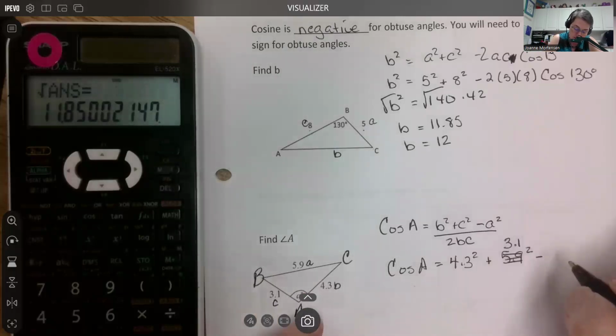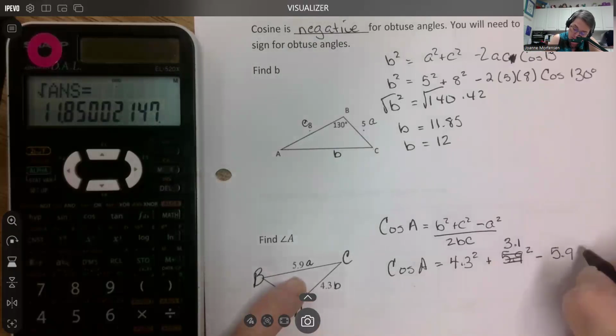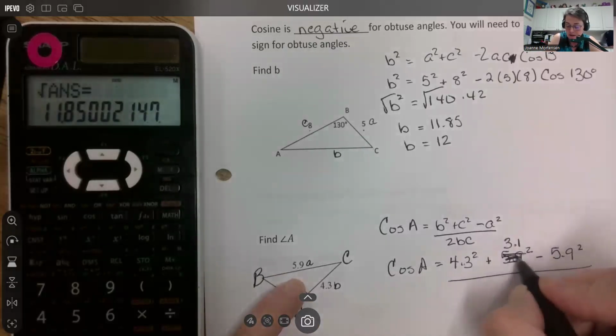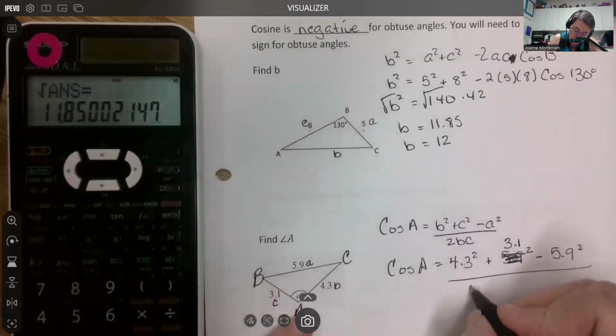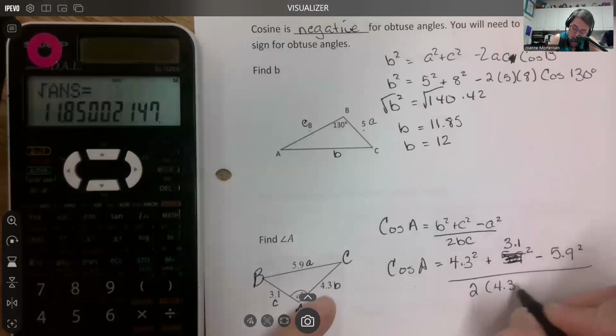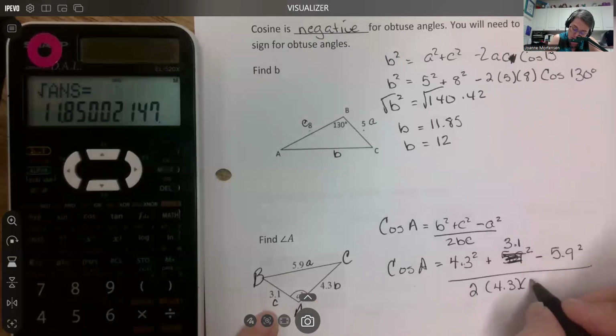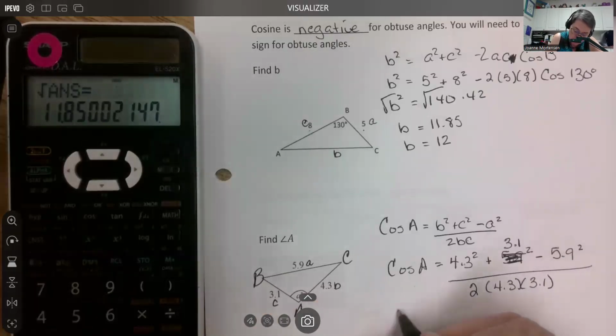And a squared is 5.9. So pay attention. And then down here we got 2 times B, which is 4.3, times C, which is 3.1. And let's see how she goes.